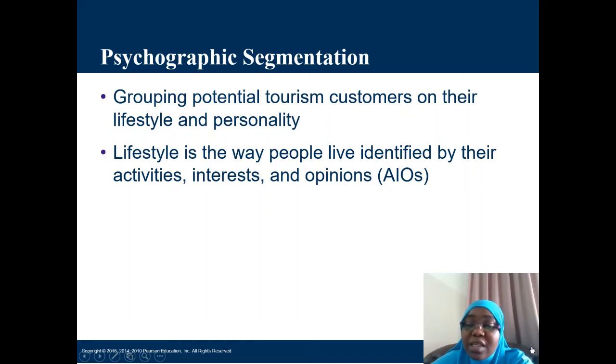So all these things are the features that will enable marketers to segment their consumers based on their characteristics. So for psychographic, the market is being segmented based on the lifestyle of people as well as their personality traits.